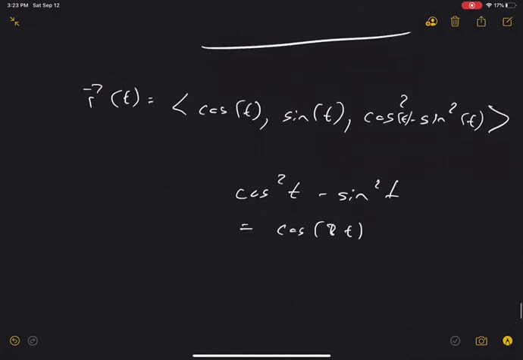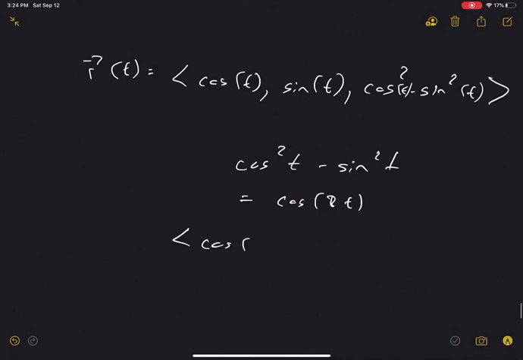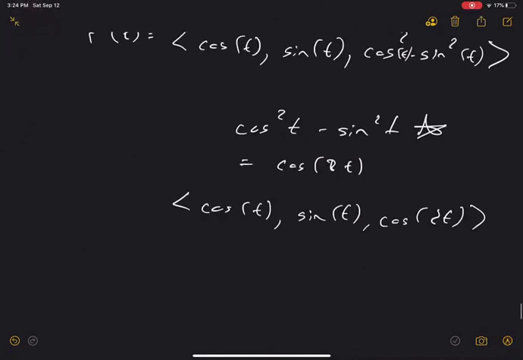So the book writes this solution as cosine t, sine of t, cosine 2t. That's also acceptable, but this is also acceptable. Cosine squared minus sine squared would also be acceptable.